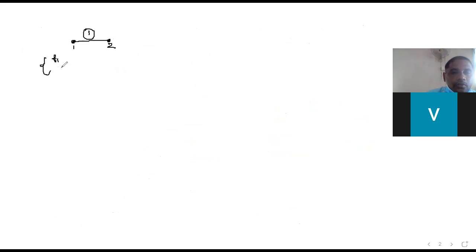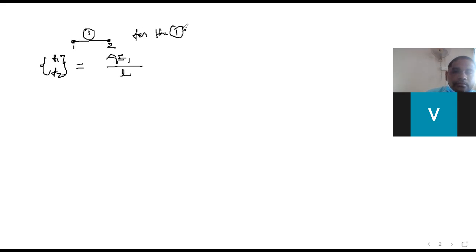F1, force at node number 1, and F2, force at node number 2, must be equal to the stiffness matrix, A1 E1 by L1. Why? Because we are going to form the element equations for the first element.